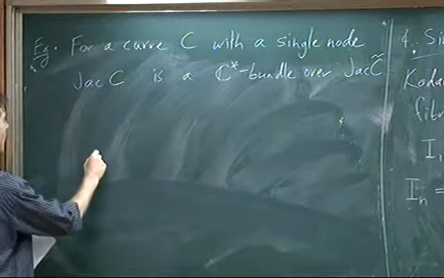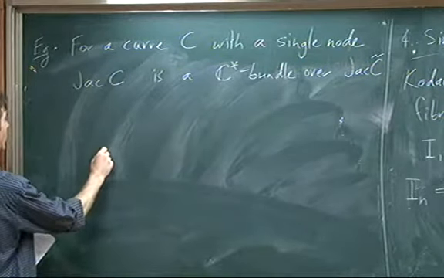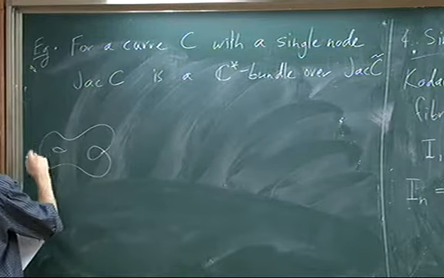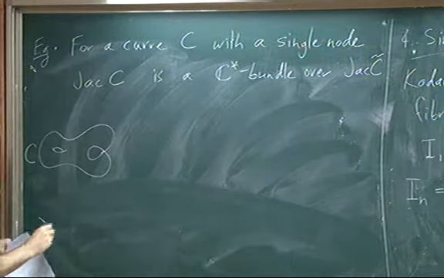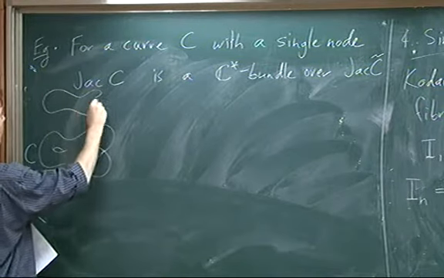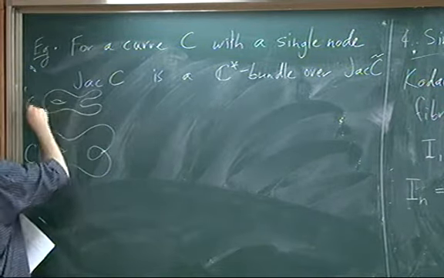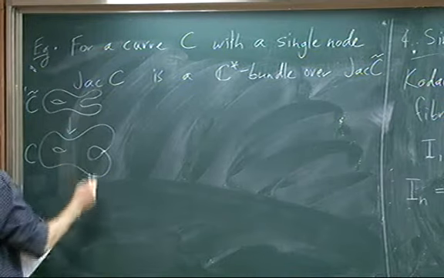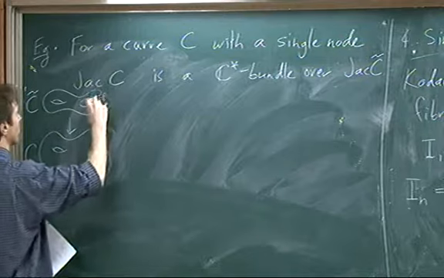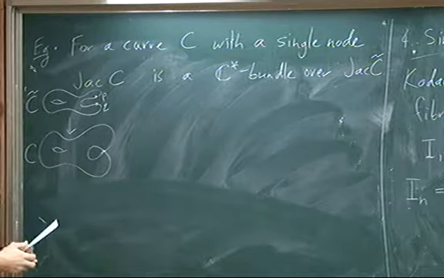So let's say this is my curve C. I have just a single node, then there's some curve C tilde, the normalization of that. And so there would be 2 points here, P and Q, which get glued together to make C.